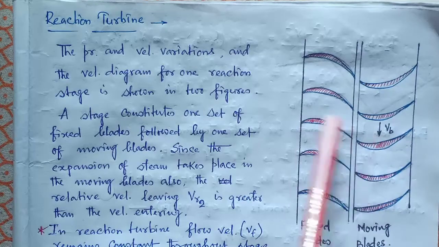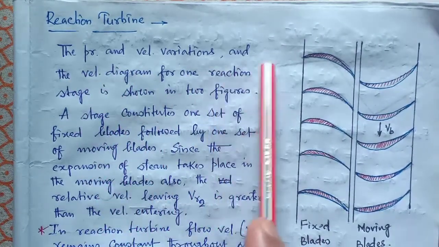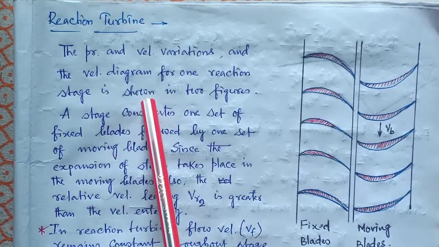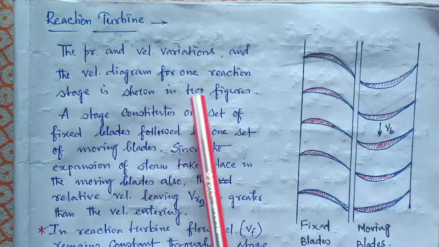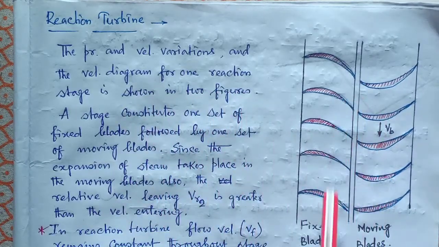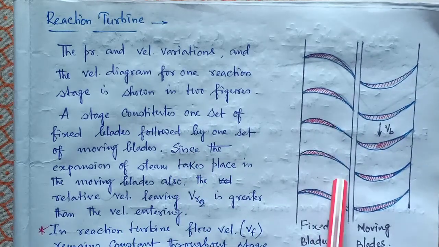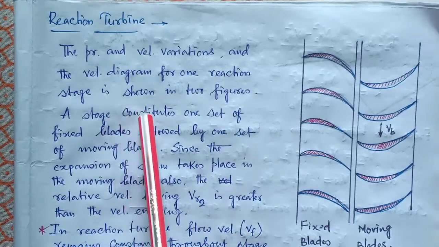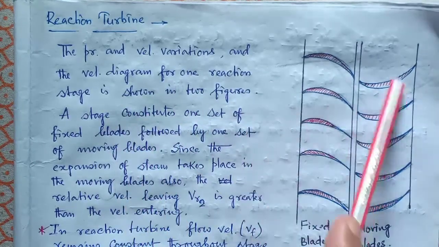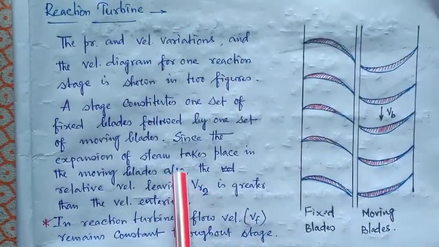Now the pressure and velocity variations and the velocity diagram for one reaction stage, which will have one set of moving blades and one set of fixed blades, although here the fixed blades act as a nozzle. For one reaction stage this is shown in two figures. Here you can see one figure and below you can see another figure.